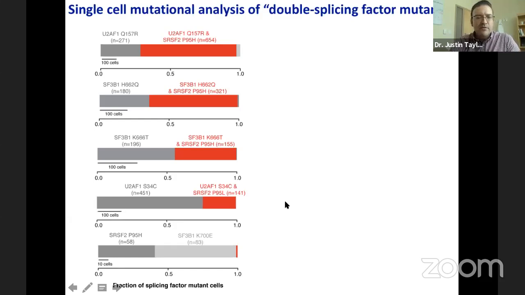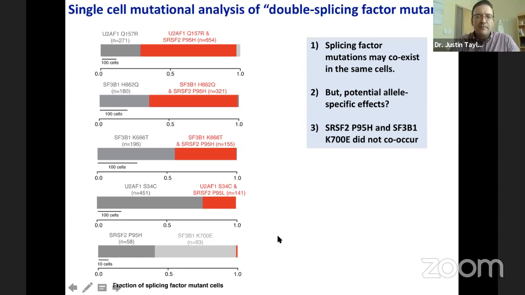The one exception was that we never saw SRSF2 P95H and SF3B1 K700E occurring together. Although we saw other SF3B1 mutations such as H662 or K666 here co-occurring with SRSF2 P95, we did not see SF3B1 K700E occurring with P95.